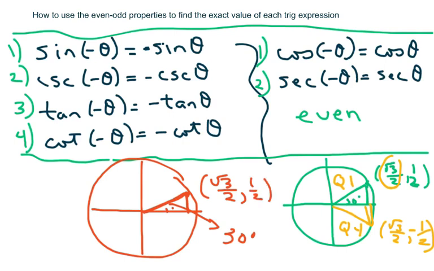But if I do negative 30, I come down here, and so that means I'm going clockwise for my 30 degrees. Then this point here, the x is still positive like it was here, but my y is negative.